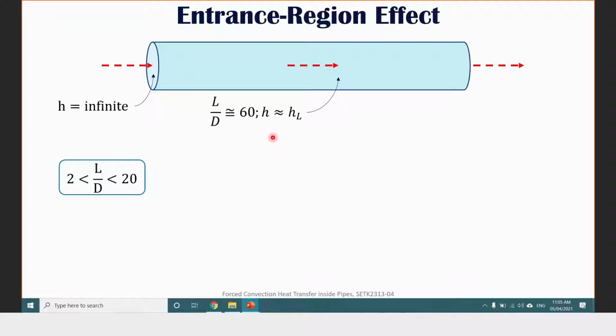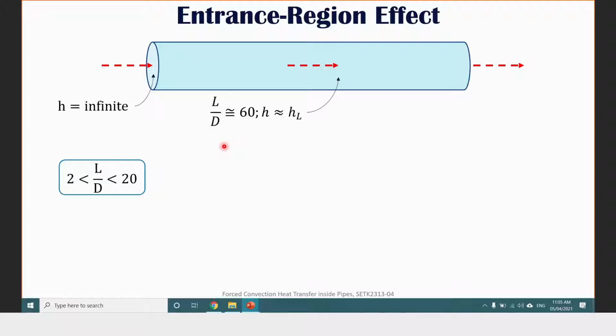In this case, h is the average heat transfer coefficient value for a tube of a certain finite length. However, hL is the heat transfer coefficient for a very long tube. Once the fluid has traveled within the tube far enough, h will be approximately hL.